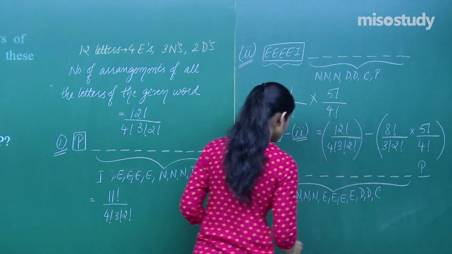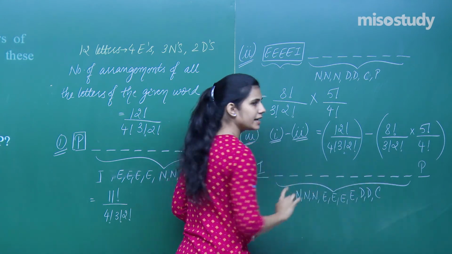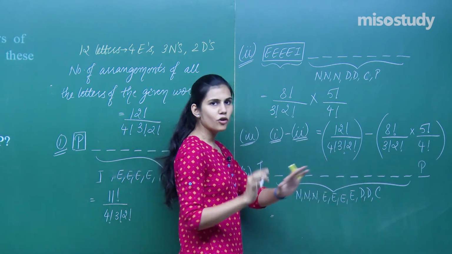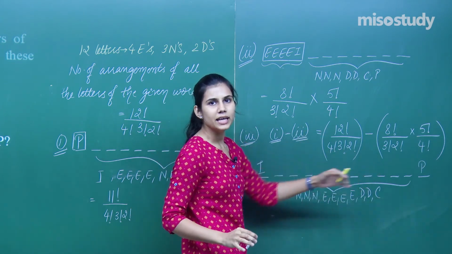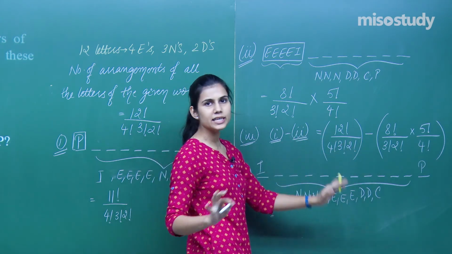These are your 10 letters. So these 10 letters need to be arranged in 10 blank places because 2 places have already been filled by I and P. That too, I cannot swap I and P. I is fixed at the first place, P is fixed at the last place.